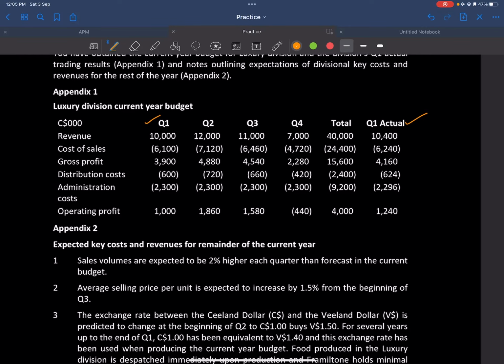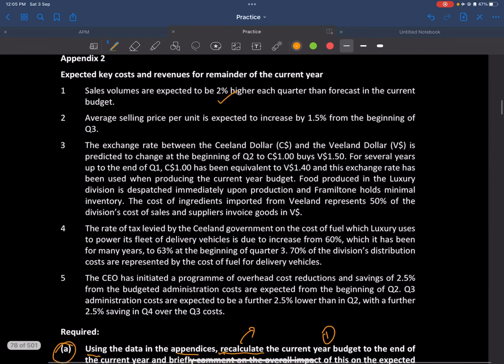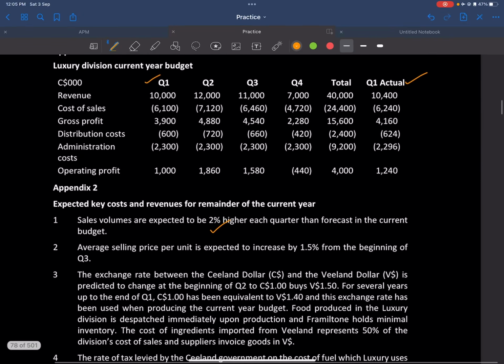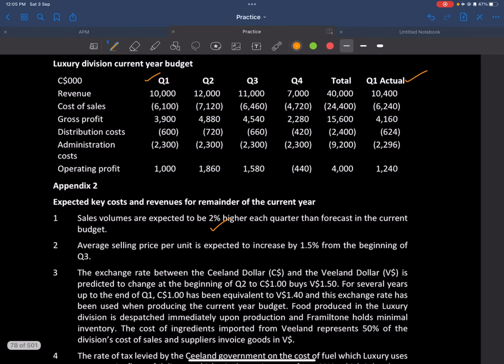Sales volume is expected to be 2% higher each quarter than the forecast of the current budget. It's going to be 2% higher. Alright, so all these things we will definitely apply. And then the average selling price is supposed to increase by 1.5%.